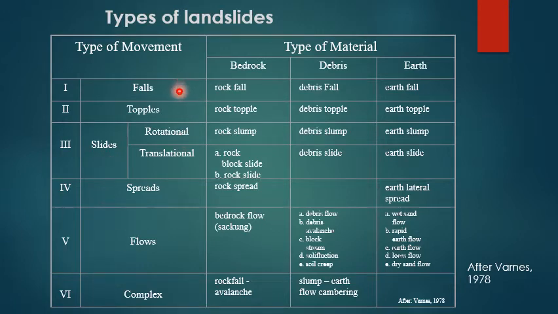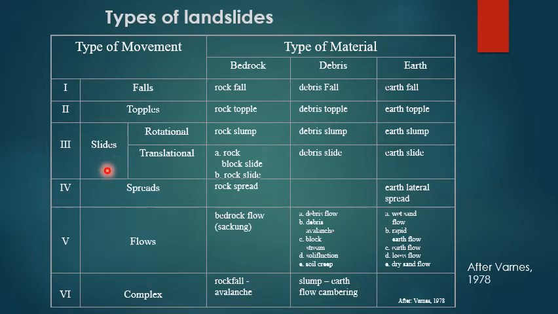Falls are detachment of material from a steep slope along a surface with little or no shear displacement. The material descends mainly by falling, bouncing, or rolling. Topple, there is a forward rotation out of the slope of materials about a point or axis below the center of gravity of the displaced mass.